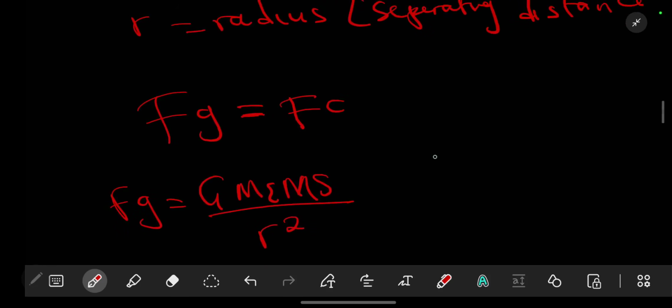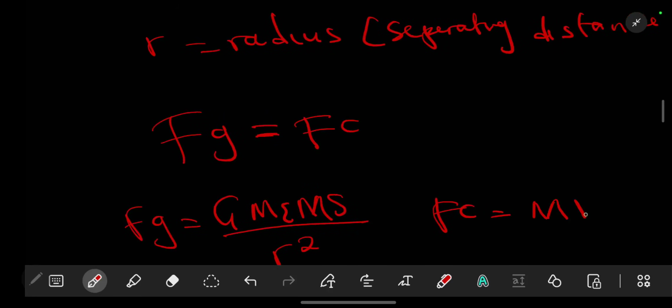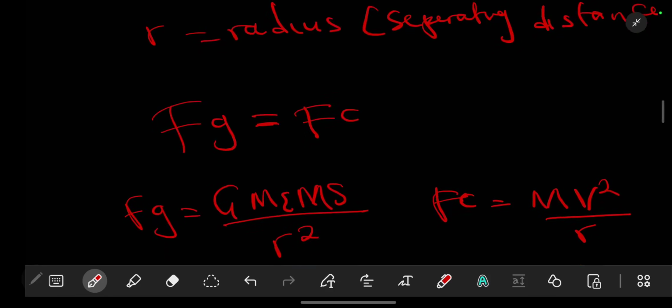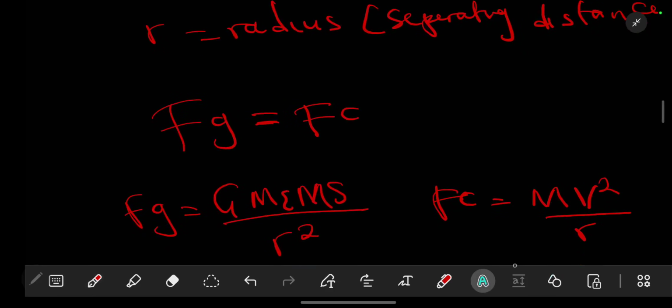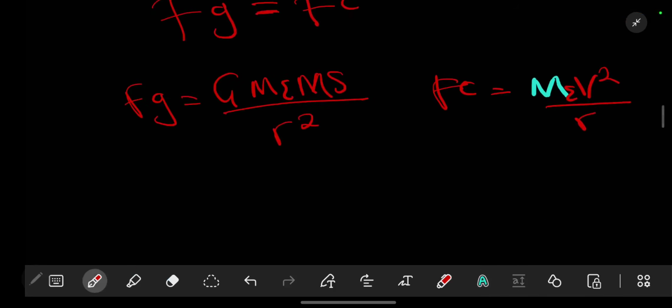Then also the centripetal force, we know that it is equal to the mass times velocity squared over the radius. Now the one that is orbiting around the other is the one that contributes to this mass. So in this case it is the earth that is rotating around the sun, so this will be me.